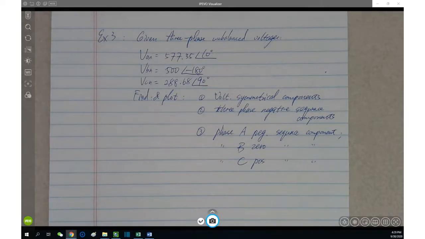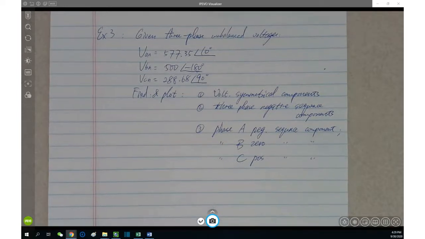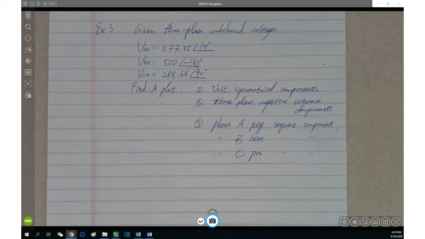Yes. So if we're given VAB, VBC, we need to do the conversions to VAN, right? Because it's phase.